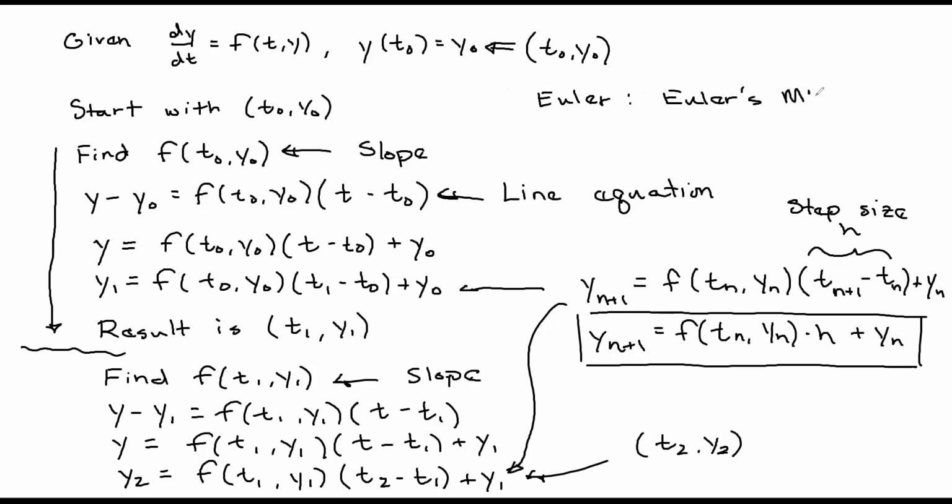Euler's a famous mathematician, a very interesting person, who has a lot of theorems and techniques named after him. I highly recommend a quick Google search to learn more about Euler. All right, let's go through and actually apply this technique to solve a differential equation numerically.